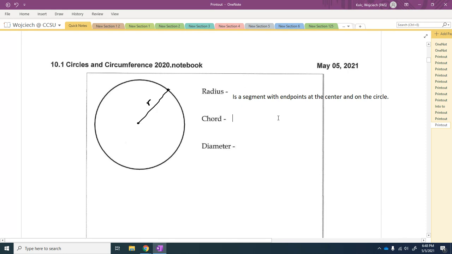Chord by definition is a segment with endpoints on the circle. Okay, so chord would be a segment like this. Endpoint here, and this is your chord.